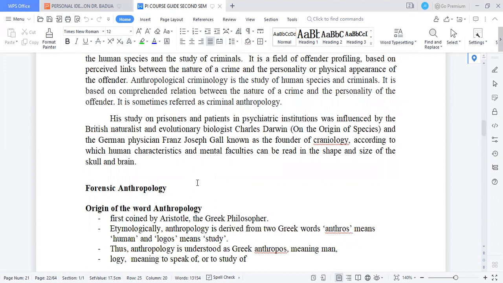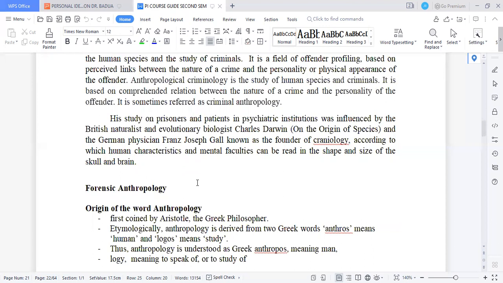A study on prisoners and patients in psychiatric institutions was influenced by the British naturalist and evolutionary biologist Charles Darwin. He was the one behind the book entitled On the Origin of Species.